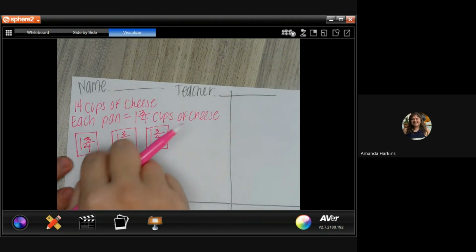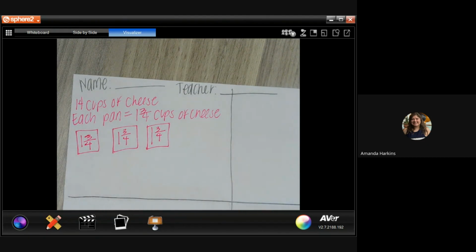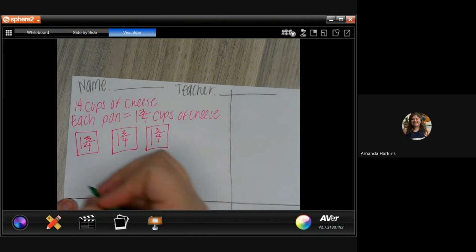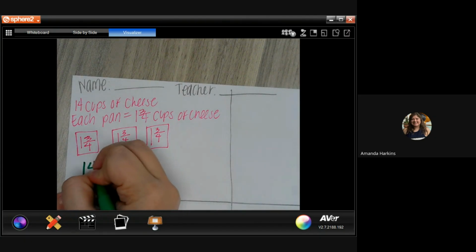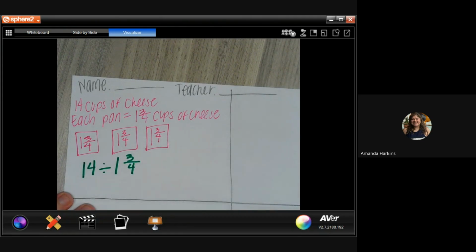So if he's splitting it all up to get these pans, then we're going to have division. Okay, and so I'm going to have my 14 cups divided by 1 3/4.